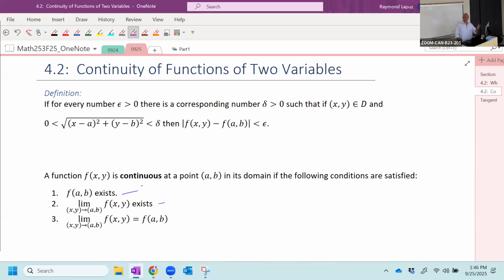So I'm not expecting you to have memorized it, but if you have it in your notes, if you take a look at the epsilon delta definition of before and compare it to what you're seeing on the screen now, can you point out the difference? Anybody? What's the difference from before?